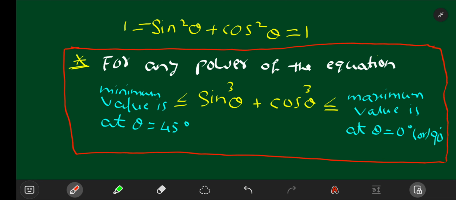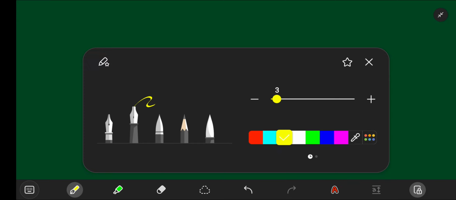Okay, next. A square sec square theta plus b square cosec square theta.